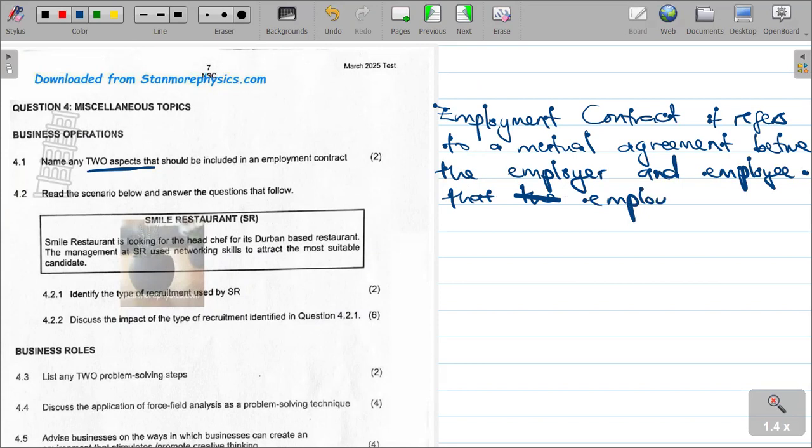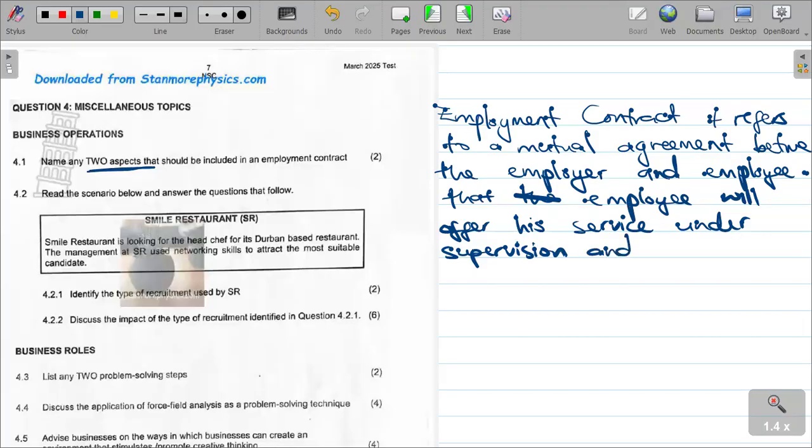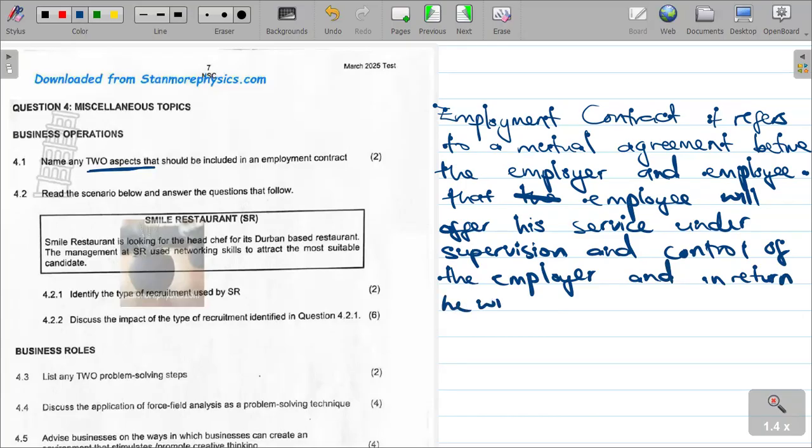The employee will offer his services under the supervision and control of the employer, and in return, you will receive compensation, which is what we call pay, right? That's an employment contract, all right?